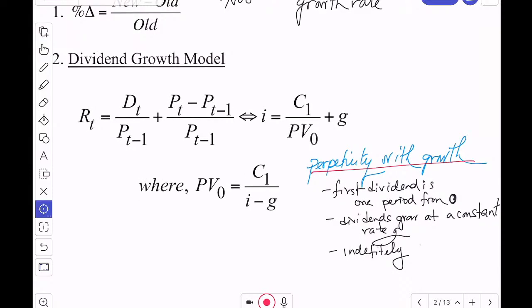So you remember this formula, correct? Well, I could write this formula, I could isolate or analytically solve for I, and you would get I minus G equals C1 over PV0.